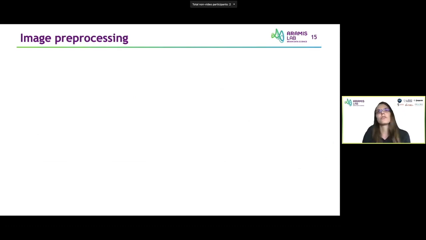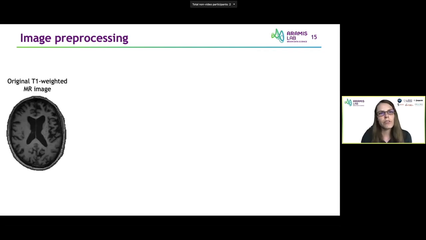So images usually don't go straight from the scanner to the classifier. And so depending on the type of classifier, different preprocessing and feature extraction steps may be necessary to achieve acceptable performance. MR images can be corrupted by a low frequency and smooth signal that is caused by magnetic field inhomogeneities, and you may need to correct these intensity inhomogeneities.